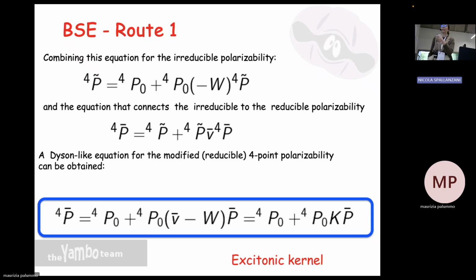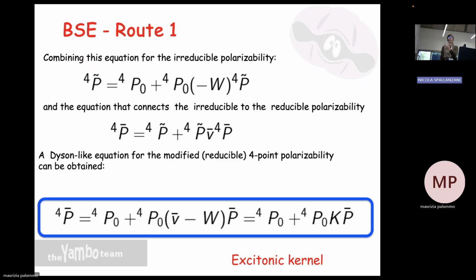What we can say is that this is the P0, the independent propagator, calculated at the end of the first cycle, meaning not DFT but GW.